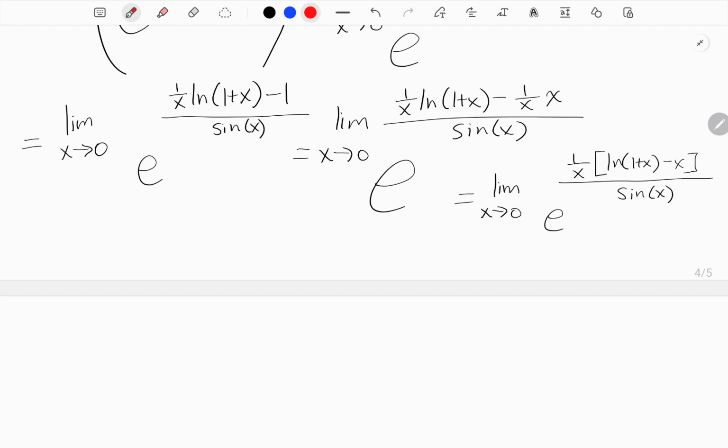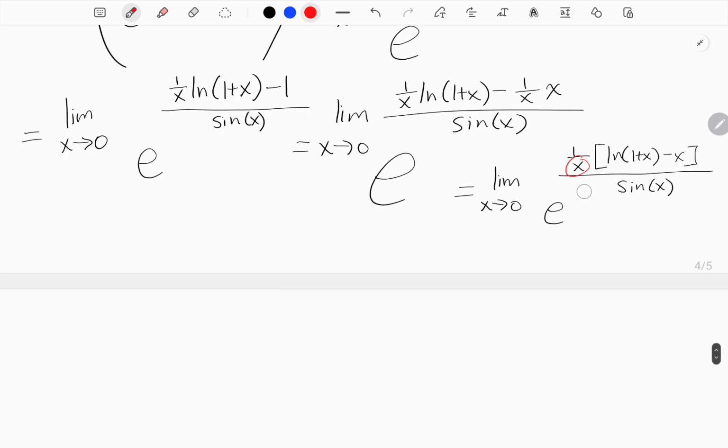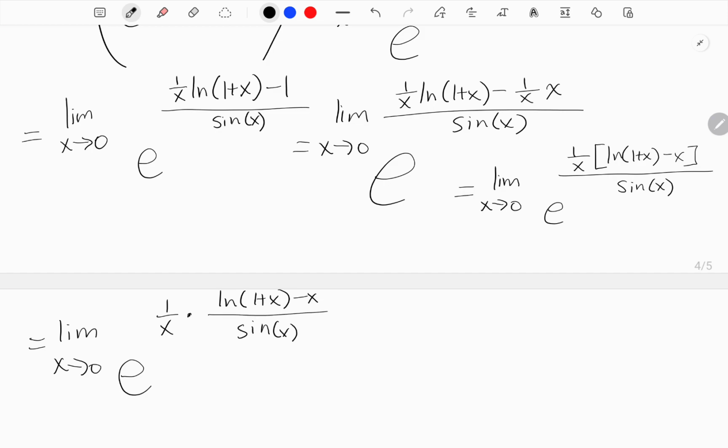But we see here that this 1 over x is being multiplied by this fraction, so this x goes downstairs. Essentially what we have is the limit as x approaches 0 of e to the ((1 over x multiplied by (ln of (1 plus x) minus x)), all over sine of x). Okay.